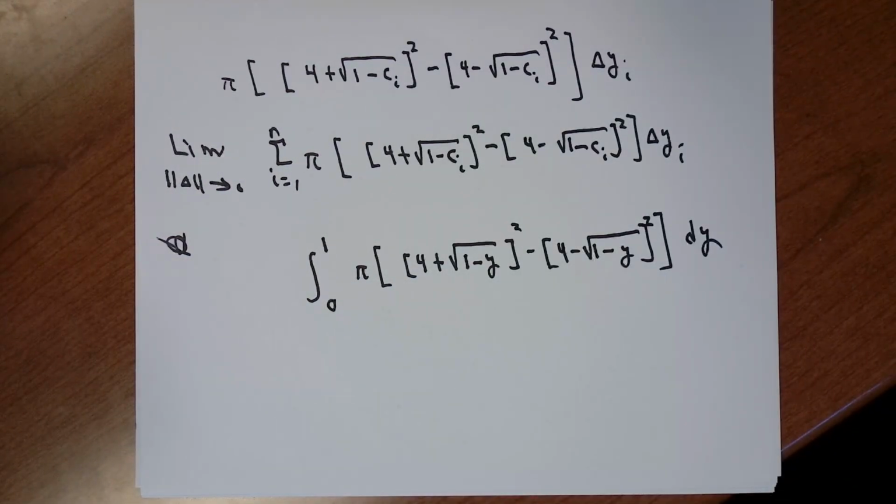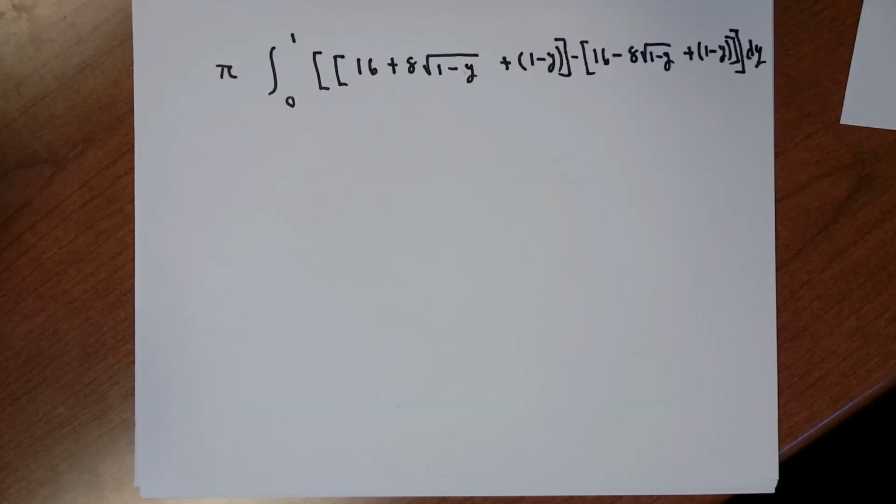The volume that I'm interested in calculating is this awful looking thing. It turns out that the algebra will simplify some for us, so this isn't really as bad as it looks.